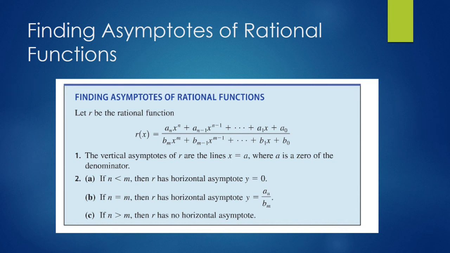If n is the same as m, that means that r has a horizontal asymptote of y equals a_n over b_m, meaning you're taking the leading coefficient from your numerator and dividing by the leading coefficient of your denominator. And then if n is greater than m, then r has no horizontal asymptote.